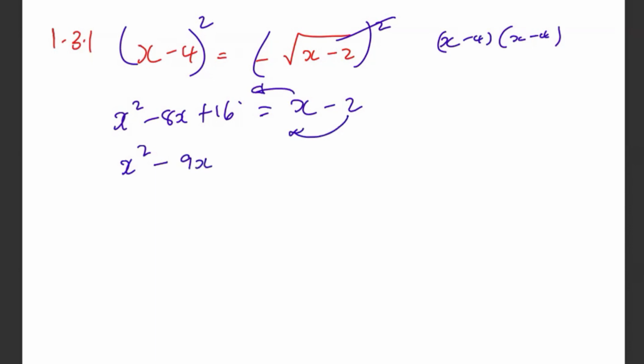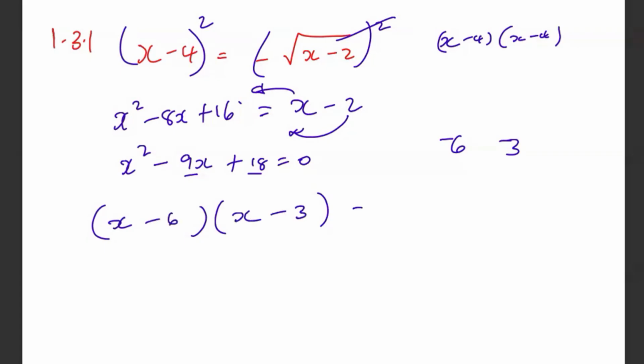This one moves, it's going to be a plus, which is 18. So the two numbers that will give me 18 and negative 9 must be negative 6 and negative 3. So it's going to be x minus 6, x minus 3 is equal to 0. You solve this, x is going to be 6 or x is going to be 3.